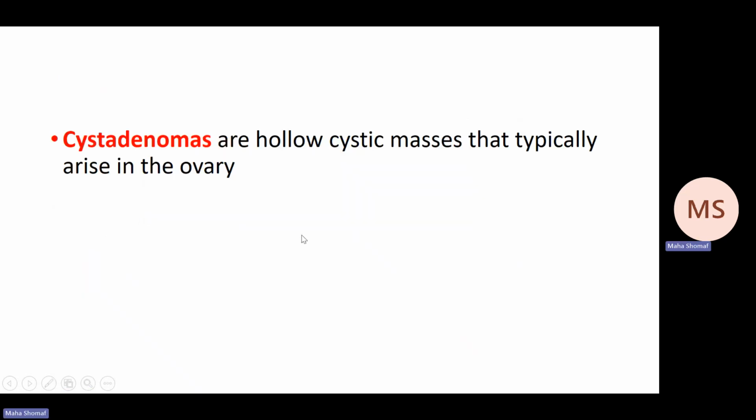If these polyps produce some cysts as part of the architecture, the polyp is called cystadenoma, to recognize that the mass is formed of glandular structures, some of which form cysts because they get dilated. And these cystadenomas characteristically arise in the ovaries.